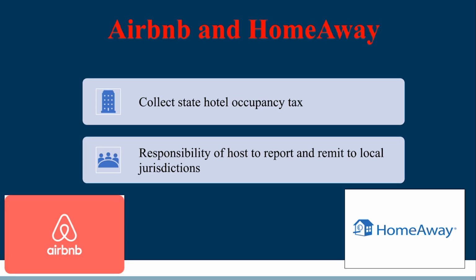We encourage local governments to routinely check these websites as well as other platforms for short-term rentals to ensure that hosts in their cities are collecting and remitting the local portion of the hot tax.